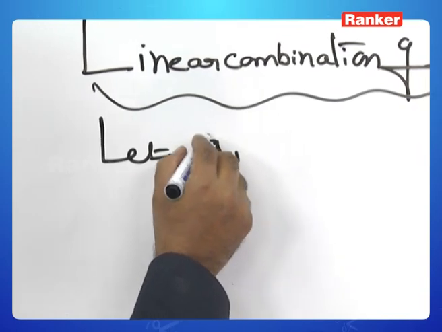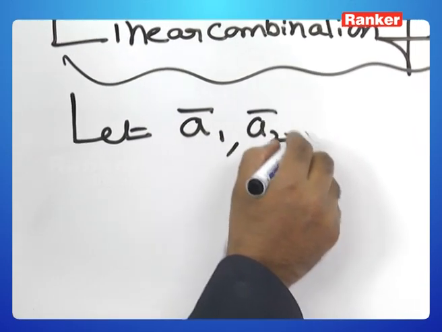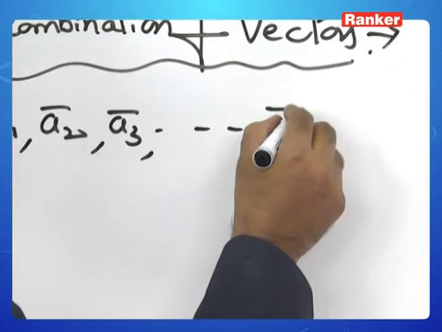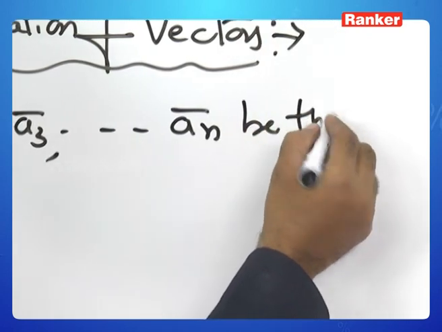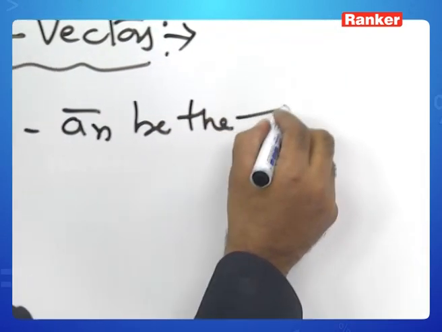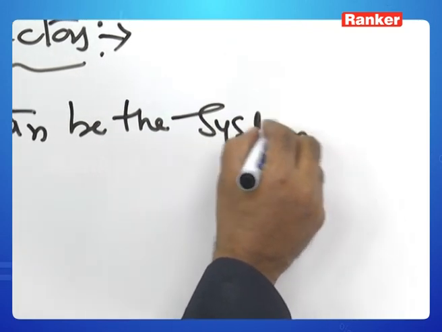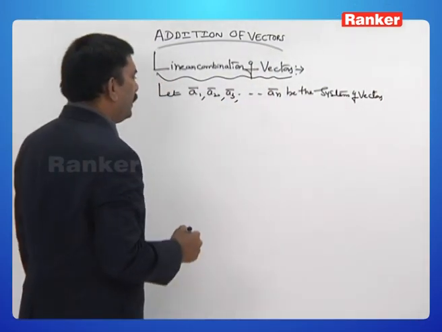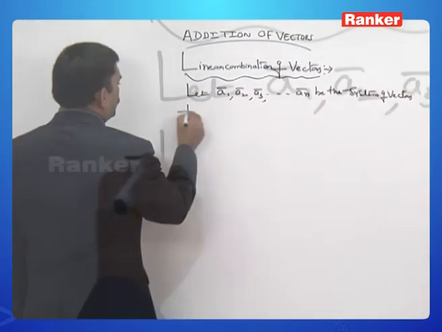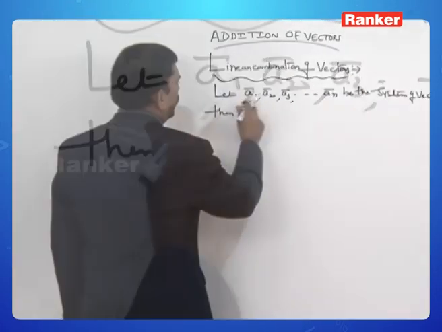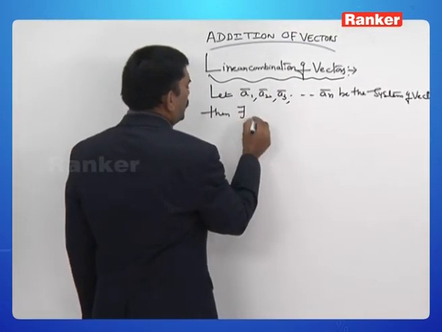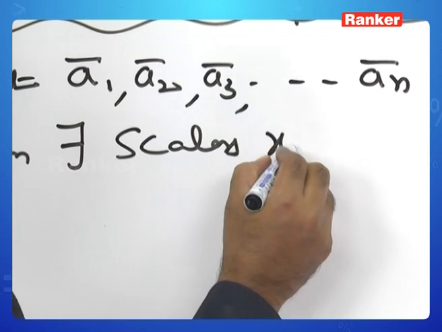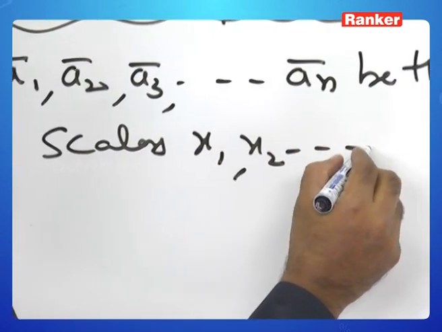Let A1 bar, A2 bar, A3 bar and so on, An bar be the system of vectors. Then there are n vectors, so there exist scalars. How many scalars? N scalars, corresponding to n vectors.